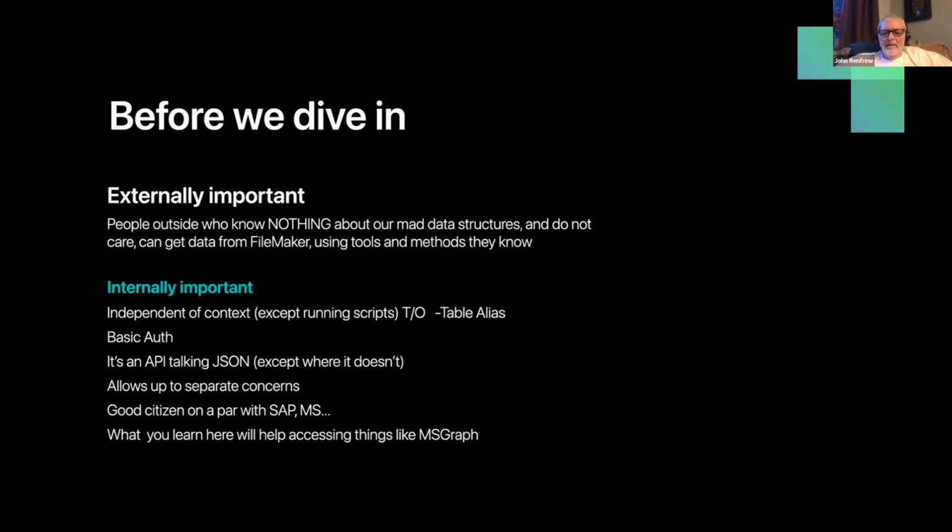Obviously, it's independent of the FileMaker context, because it's not based on layouts, it's based on table occurrences. Clay mentioned that apparently in the XML code, they're referred to all the time as table aliases, because that's what they thought they wanted them to be called. We've all stuck with table occurrence.